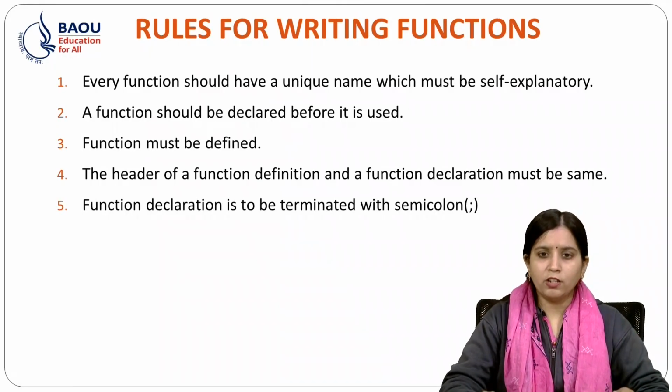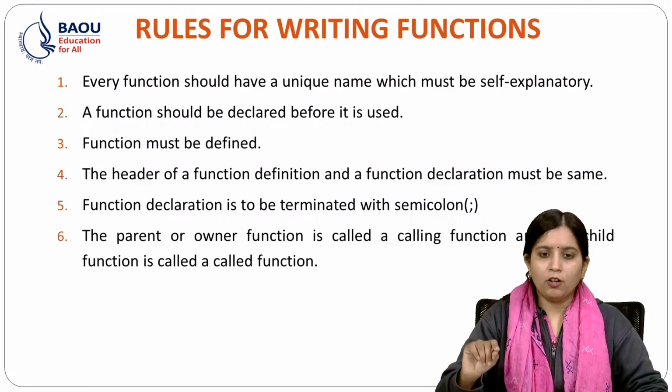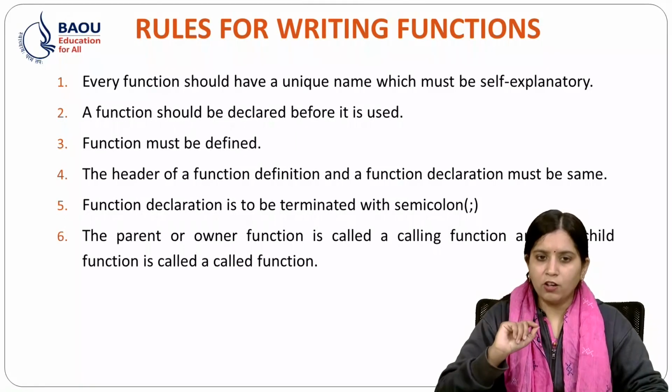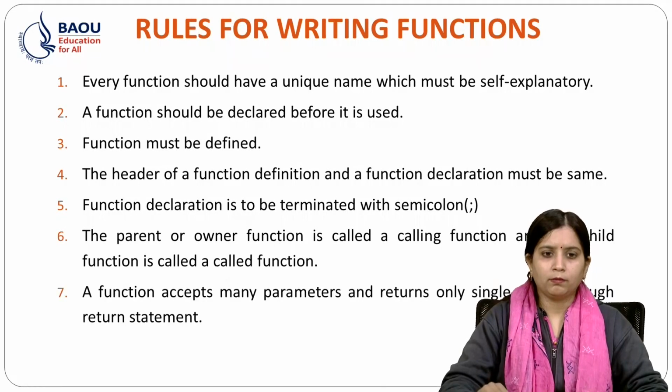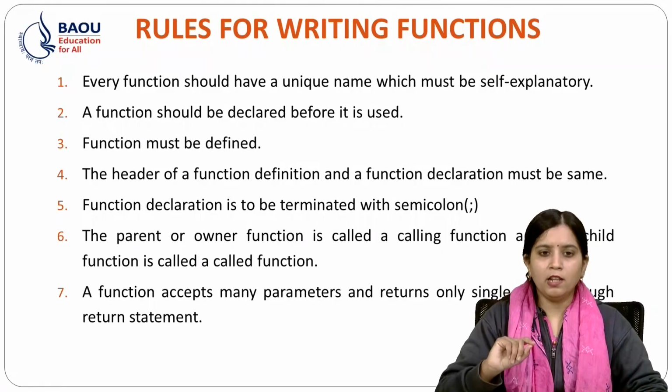Function declaration is to be terminated with a semicolon. The parent or owner function is called a calling function and the child function is called a called function. A function accepts many parameters and returns only a single value through the return statement.